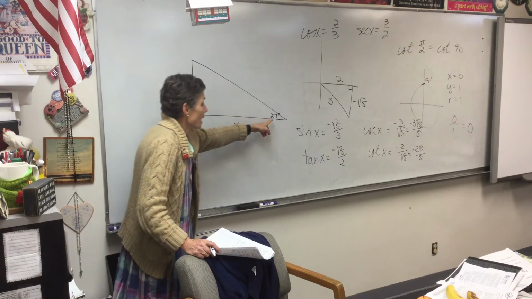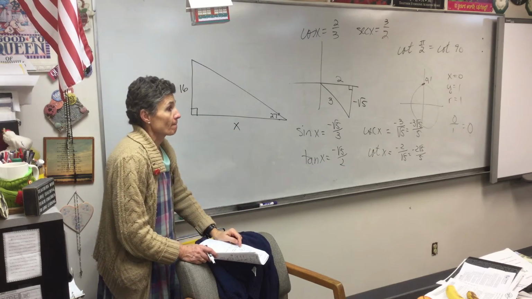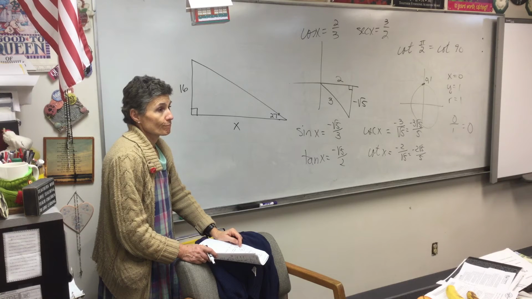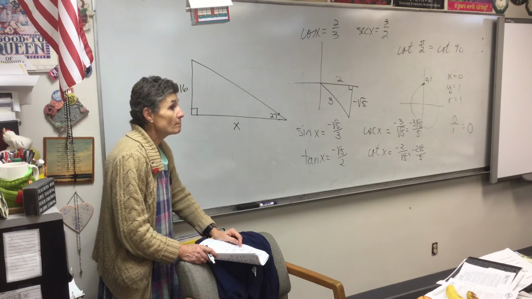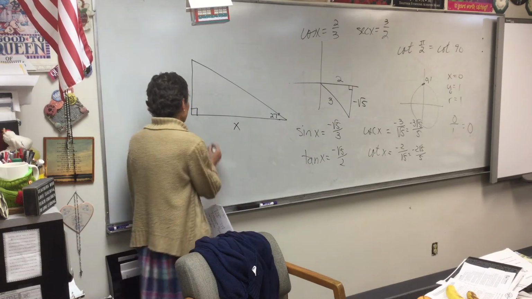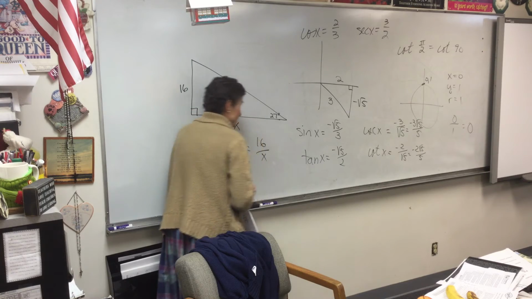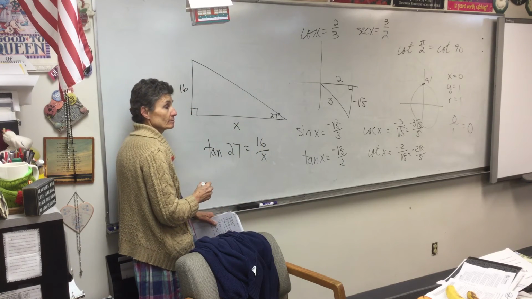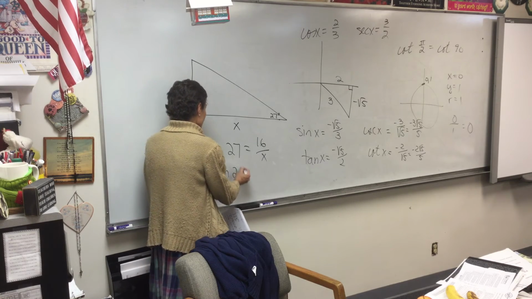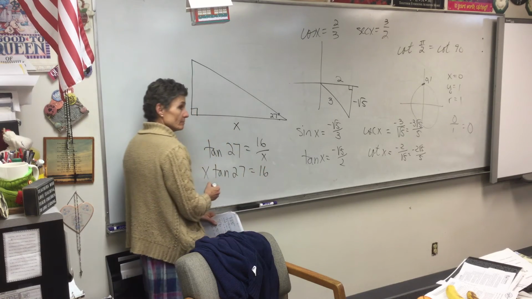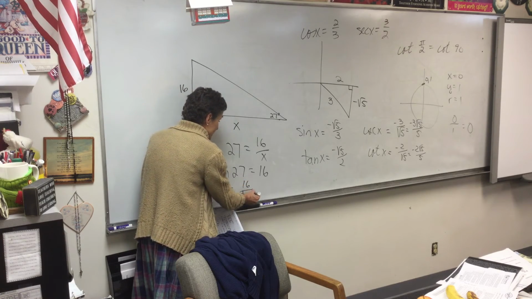Now, I need to find a side of the triangle. So what do I do? The tangent of 27 is 16 over x. So x tan 27 equals 16, and x equals 16 over the tangent of 27.